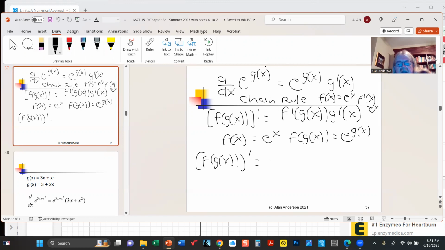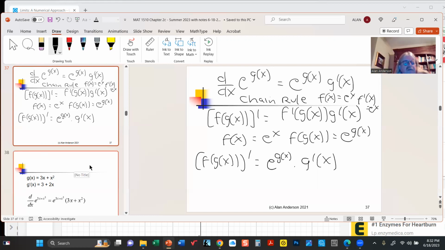You're going to have e to the g of x, and then g prime of x is just g prime of x. Well, it's not much of a derivation, is it? It's pretty straightforward because we don't have the functions here, of course. We don't know what g of x is, but it's a very straightforward result. And once we've seen it derived, we can just use the rule every time.